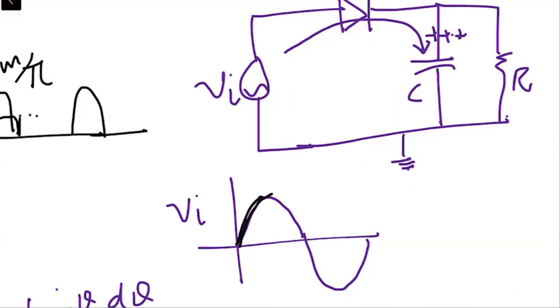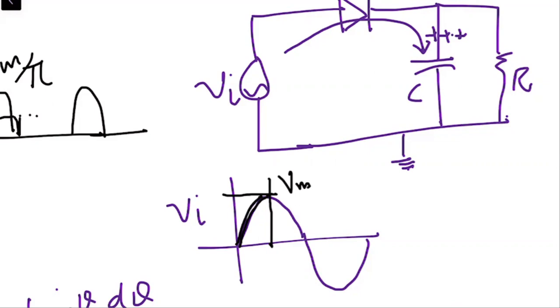Till the input voltage reaches its maximum value, which is Vm, right? Because the charging is done through the diode, and once the diode behaves as an ideal diode, the resistance offered by the diode, or the time constant of charging, is very, very small.